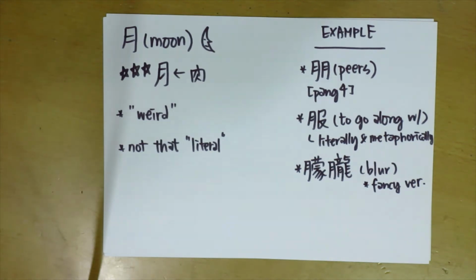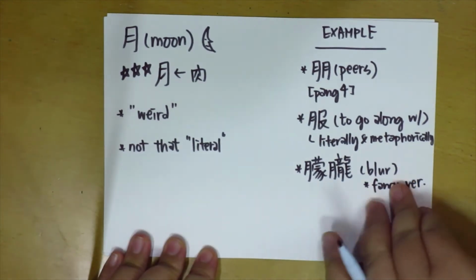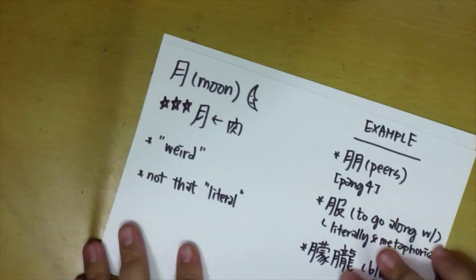You use it like, oh, the moon is kind of blocked by clouds, so it's kind of there, but you cannot really see it, so it's mông long, you know. Yeah, I'm sure you know. This one is kind of weird, but yeah. So move on.